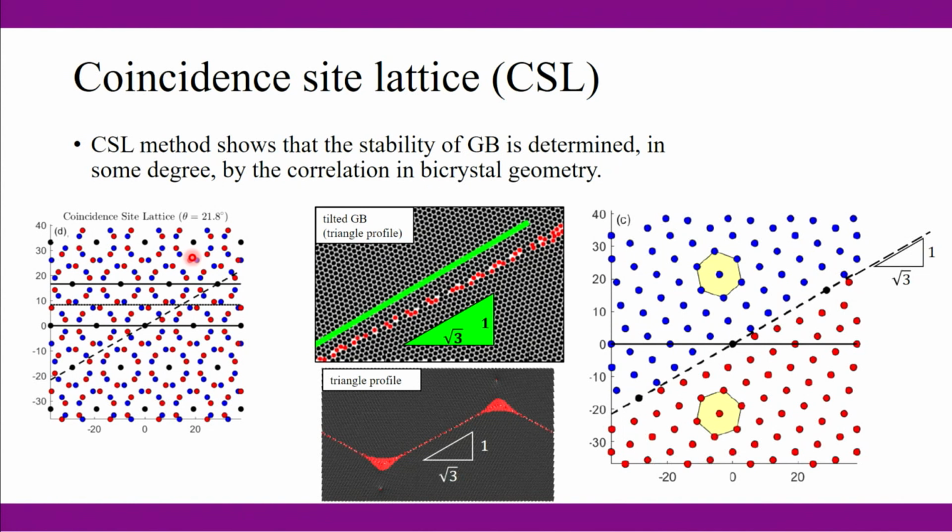That's why you form this triangular wave, and if you evaluate the strain, you are going to see a very large strain focused at the trough region. That's why you see this dislocation nucleate and emit at the trough.